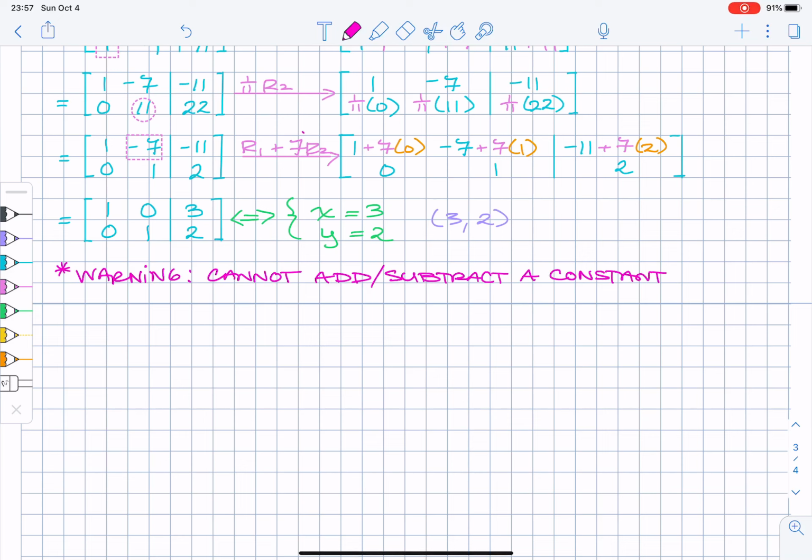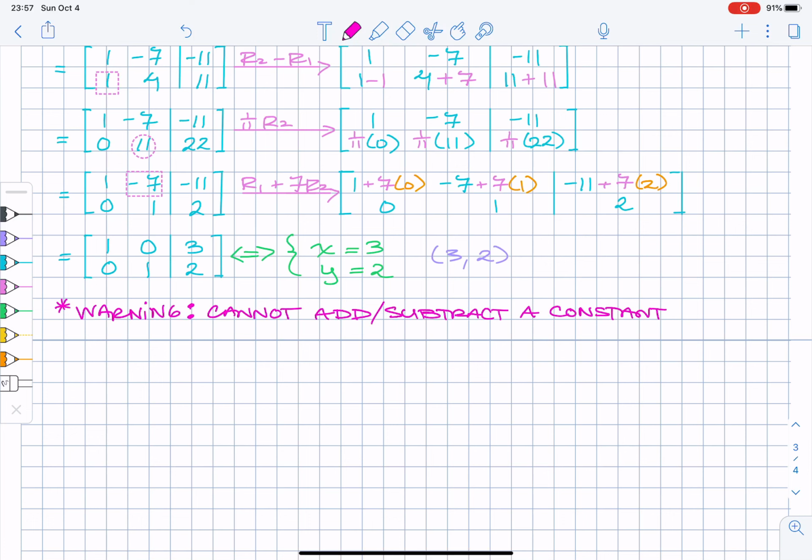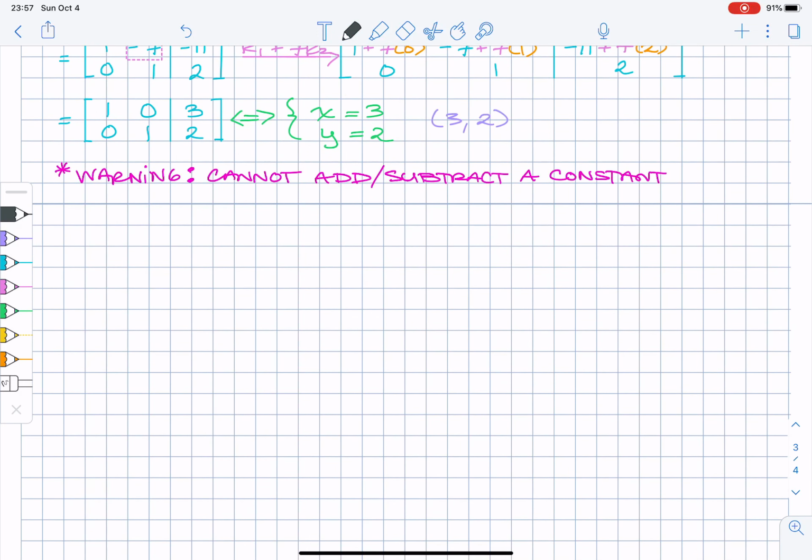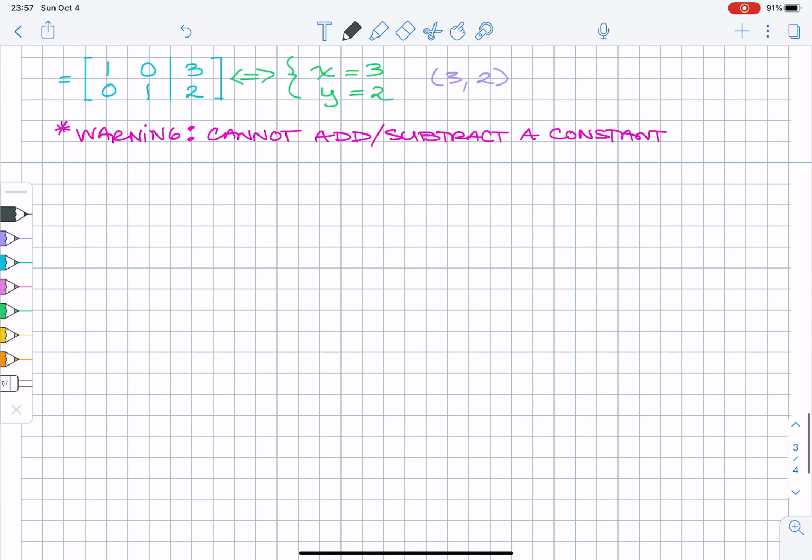So I couldn't just add 7, I had to add 7 times row 2. That's the only time I'm allowed to add. We can add corresponding rows, we cannot just add constants willy-nilly. Okay, so what number was that? Number 1, I believe. So let's do number 2.